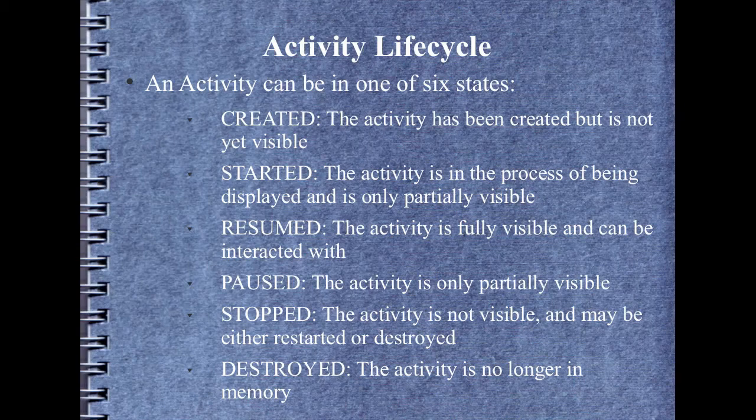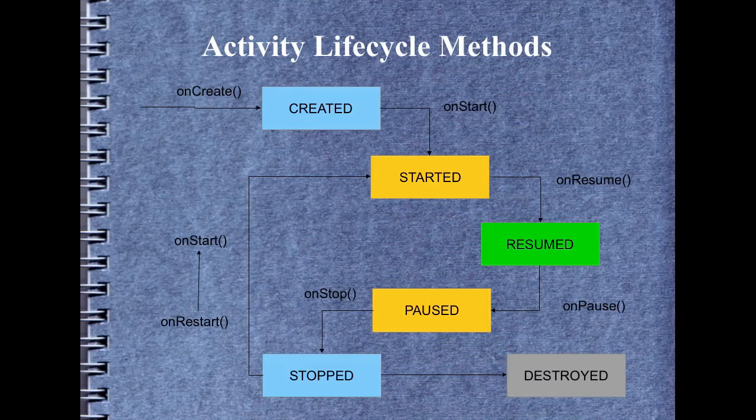So along with each of these states, and even with another kind of substate, there is a method that gets called to get us into this state. So these methods are shown here. OnCreate, and the method names kind of go with the state that they're going into. OnCreate is called, and then when OnCreate is done, we're in the created state.